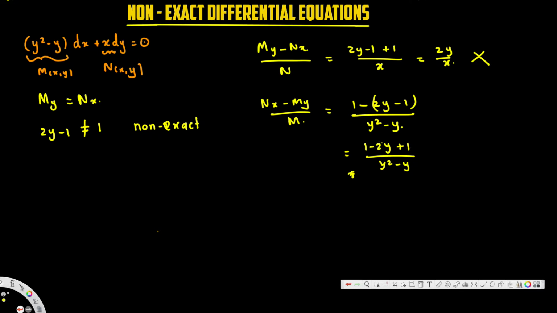We can add the 1 with this 1, so 2 minus 2y divided by y squared minus y. Here we can take 2 common, that's going to give us 2 times (1 minus y), divided by, here we can take y common, y times (y minus 1). Okay, 1 minus y, y minus 1.